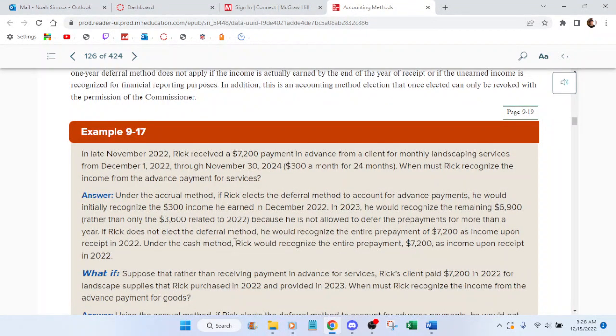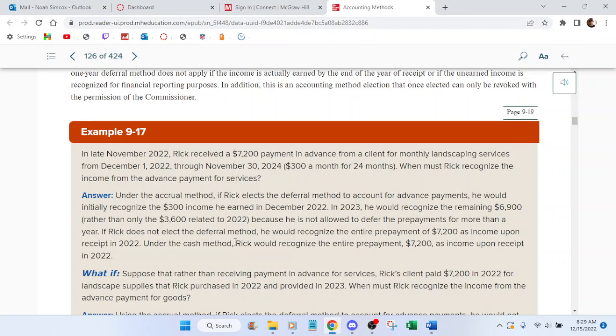The next scenario is: suppose that rather than receiving payment in advance, the client paid $7,200 in 2022 for landscape supplies. Okay, so they paid, instead of for services, they paid for supplies. What's the difference here?